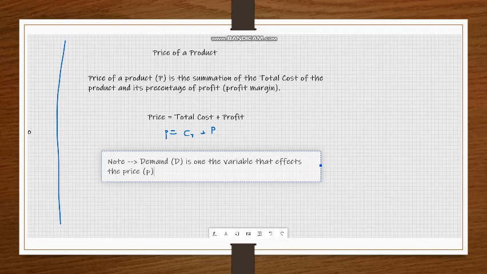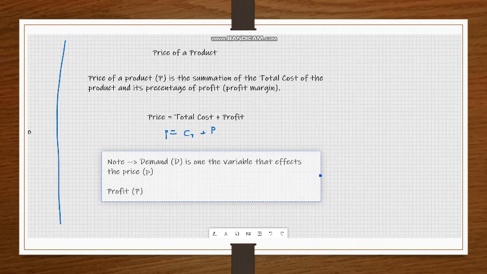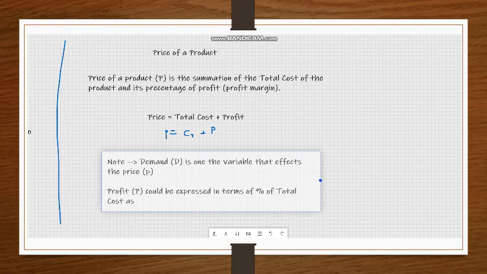Another one is profit, which we show as p. It could be expressed in terms of a percentage of total cost as well.